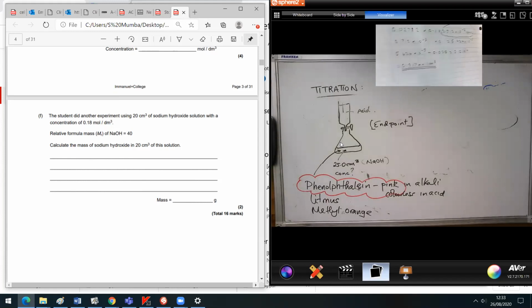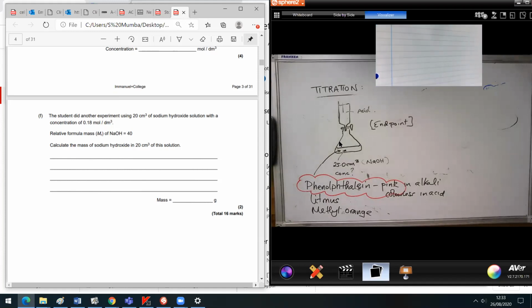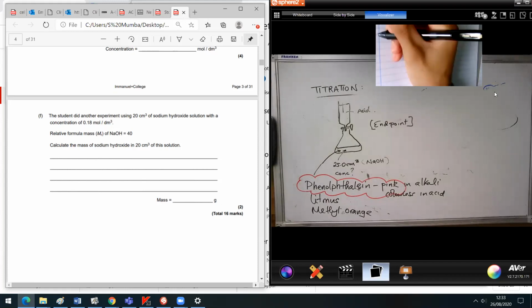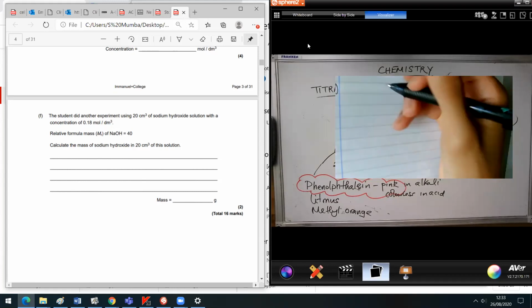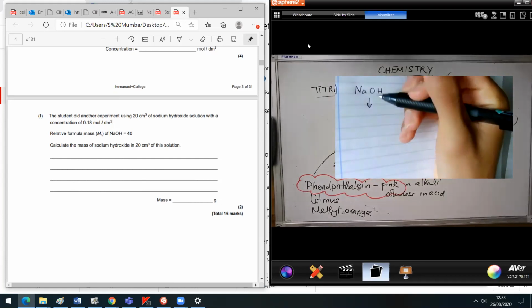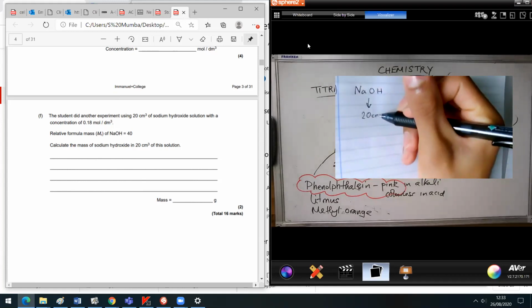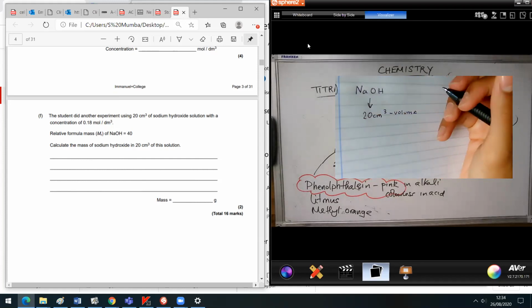Okay, we're on to another piece of paper. So equals the volume and then the concentration.